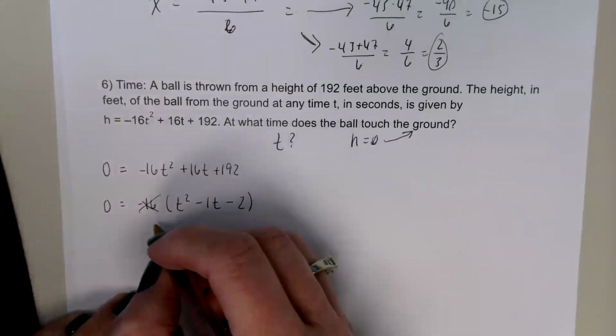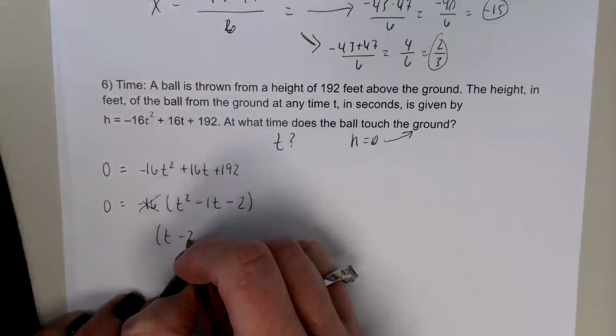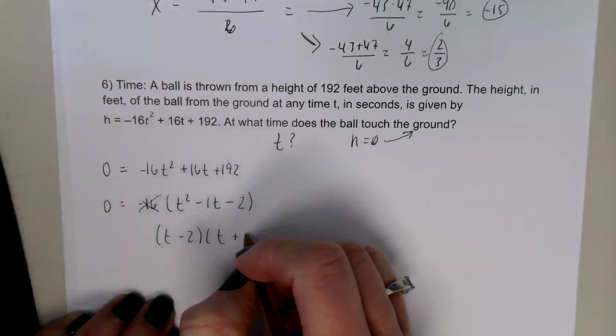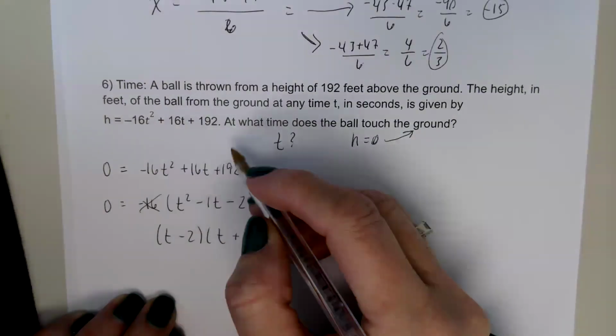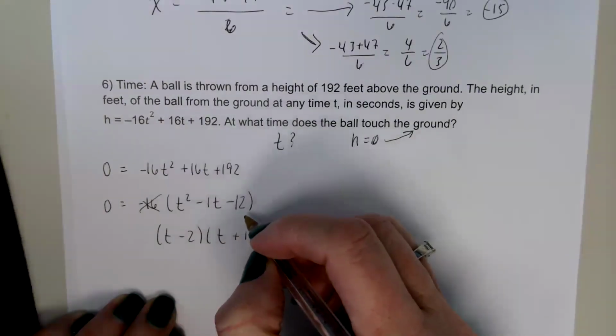Then you can try to factor this. Oh, wait, this is 12. When I factor out a 16, it's 1 and it's 12, sorry.